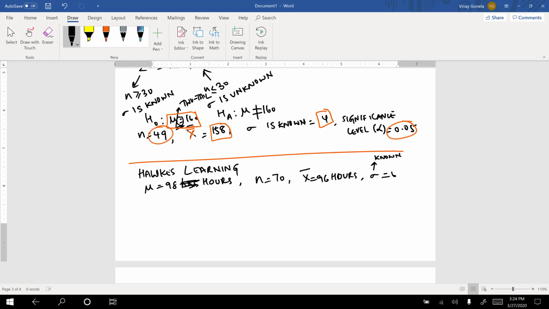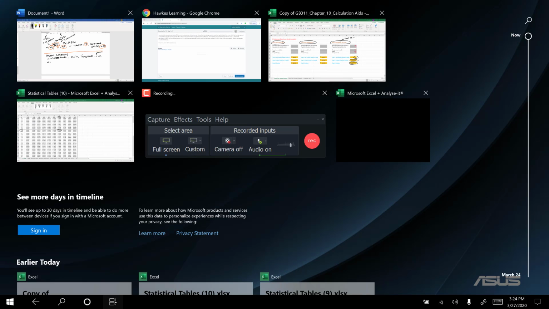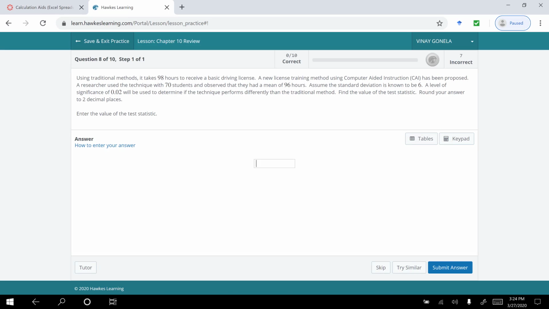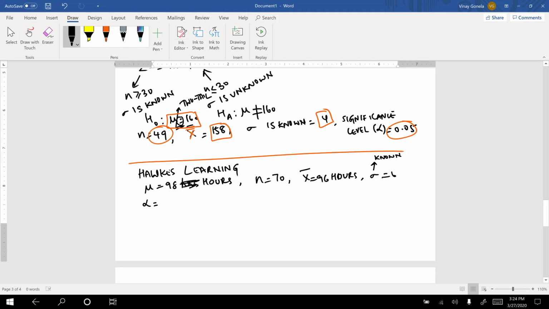And then the significance level alpha they give, 0.02. So this is a two-tail problem. Our null hypothesis will be mu is equal to 98, and the alternative would be mu not equal to 98.